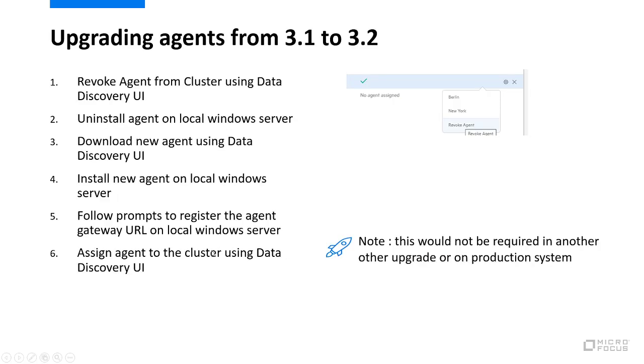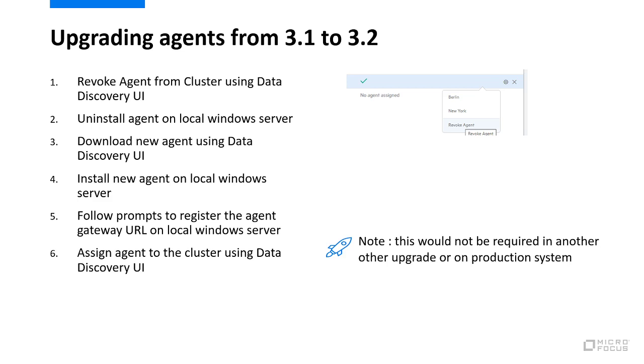If you had a tenant which was on the 3.1 version, you will need to upgrade that agent to work with the 3.2 version of the software. I've detailed the steps here. It's quite a simple process. I've been through this myself. You just revoke the agent from the cluster, and that's in the SaaS Data Discovery UI.